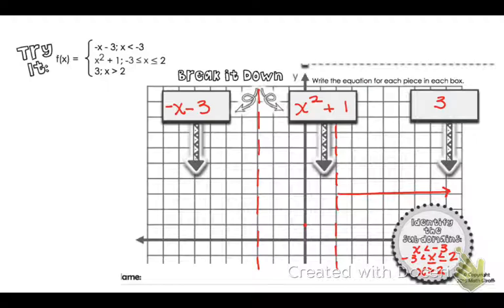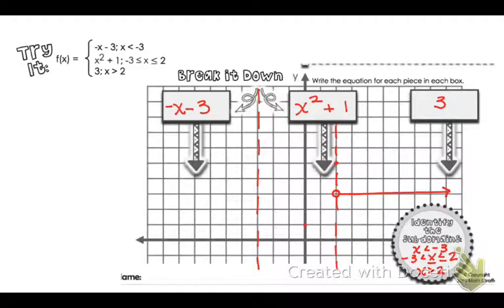So when x is 2, 2 squared is 4, 4 plus 1 is 5, so the point 2, 5 would be right here. And that one is the owner of the fence because it's equal to on that value in the subdomain, which means that the other one is an open circle because it is greater than 2 but not equal to. So the fence belongs to the one in the middle, actually for both of these equations.